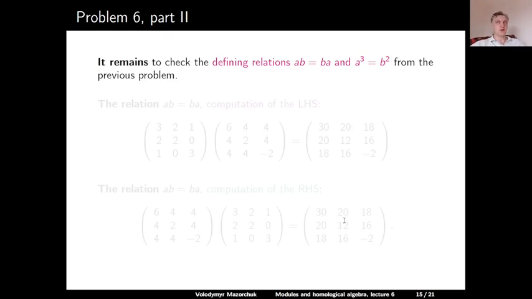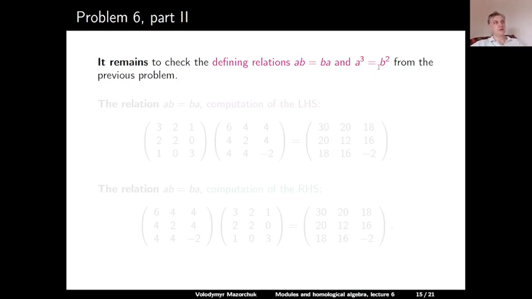In the previous problem, we found out that 2 and 3 are generators of the additive group of integers, and the set of defining relations for these generators consists of two relations: AB is equal to BA, and A cubed is equal to B squared.